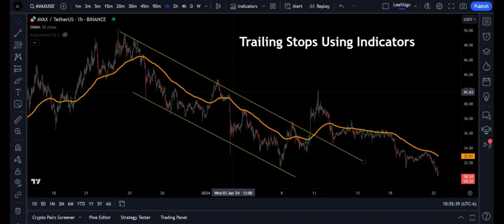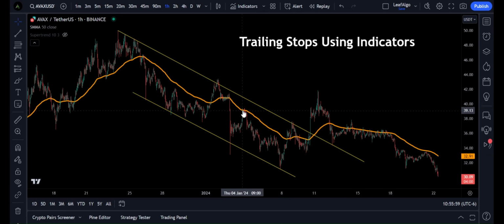So let's say we see a lower high here and bounce off this channel that we're in, and you entered a position here and you have your stop loss in place at a predefined point above. But once this price starts moving well away, you could take partial profits. But what if you want it to run further, but you still want to protect the overall profits that you're gaining?